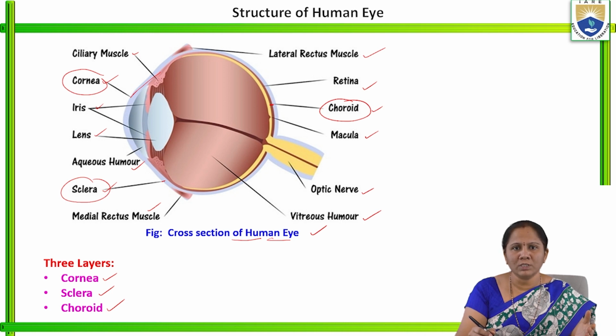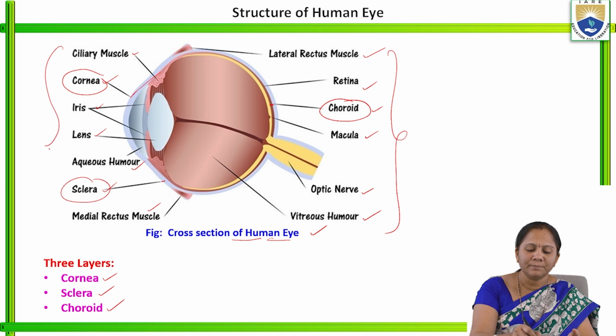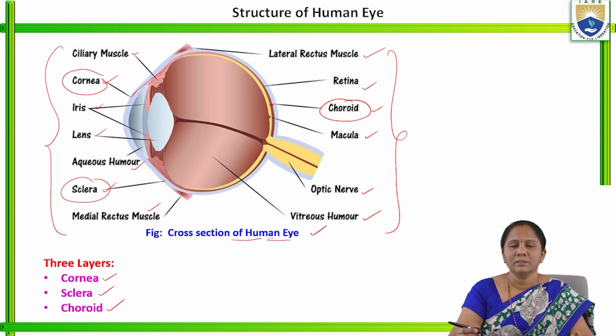So the external-most layer will be the cornea. The next layer under the cornea is sclera, and under sclera we have the choroid layer. Now we will discuss all these internal and external parts of the human eye in detail.